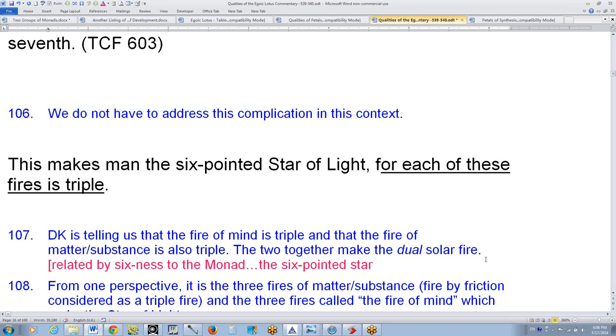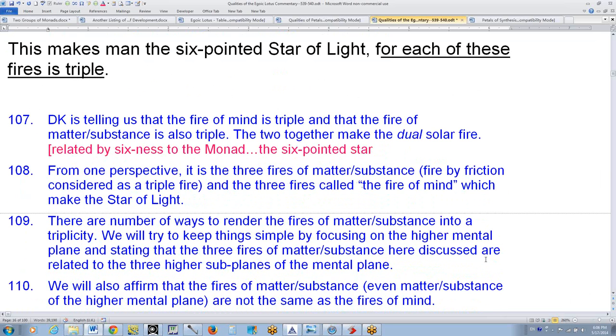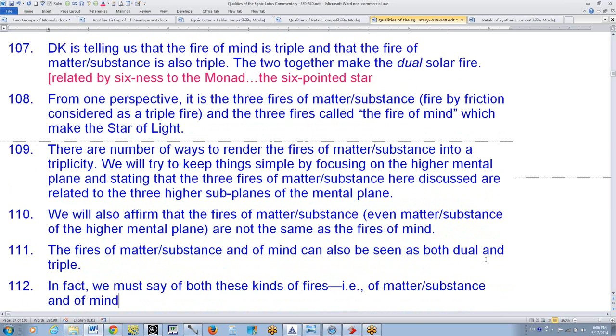From one perspective, it is the three fires of matter substance, fire by friction, considered as a triple fire. And the three fires are called the fire of mind, which makes the star of light. So there are a number of ways to render the fires of matter substance into a triplicity.